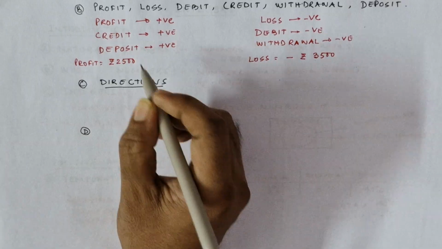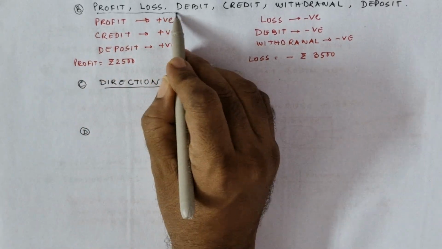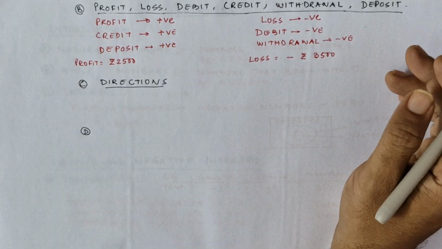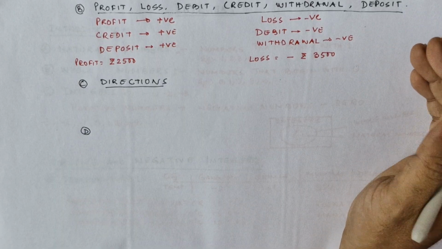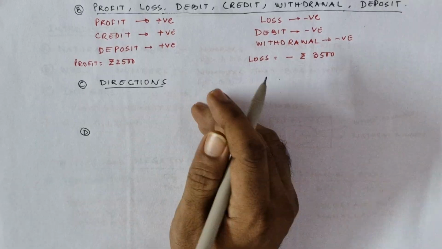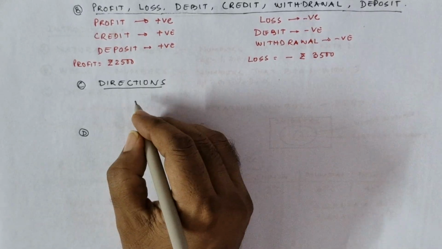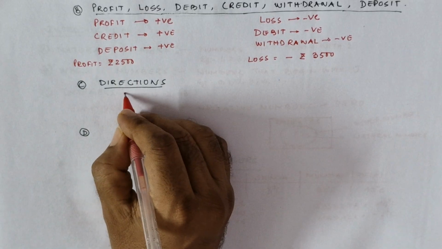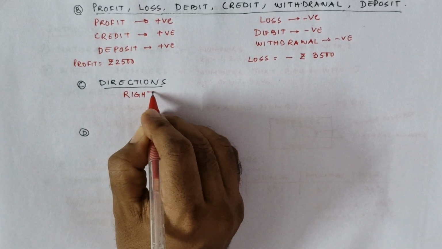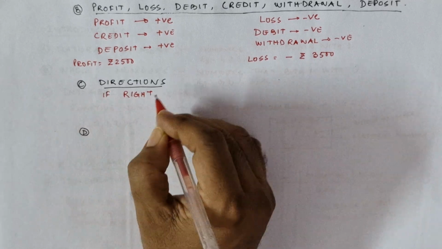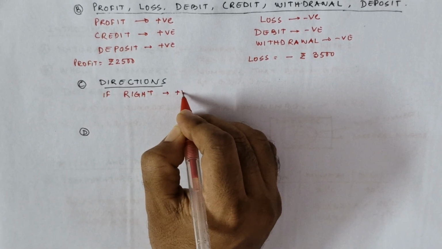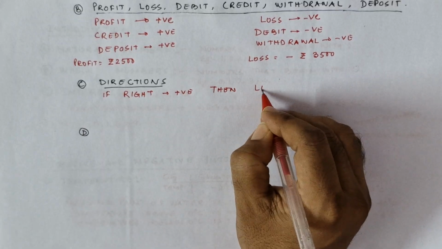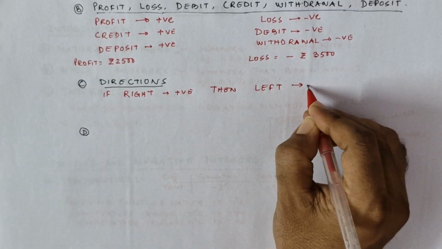Right? Directions. So what is directions? You know that left, right, north, south, east, west, these are all directions. Now if you take right as positive, then left is regarded as negative.